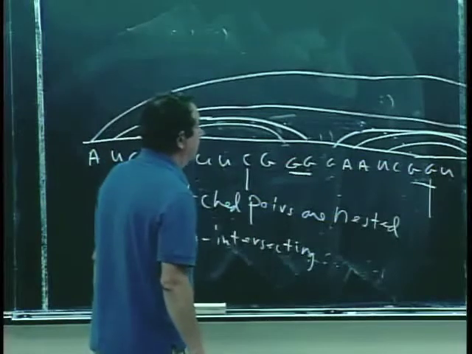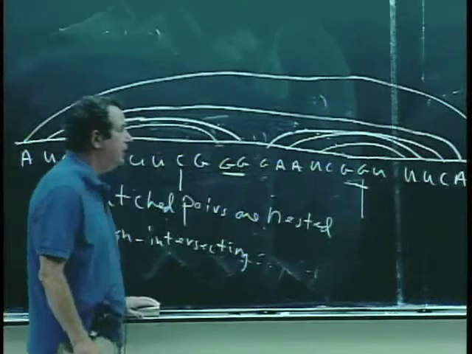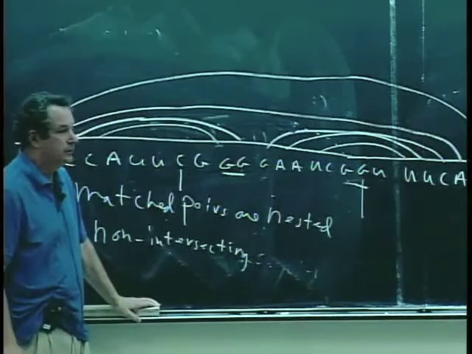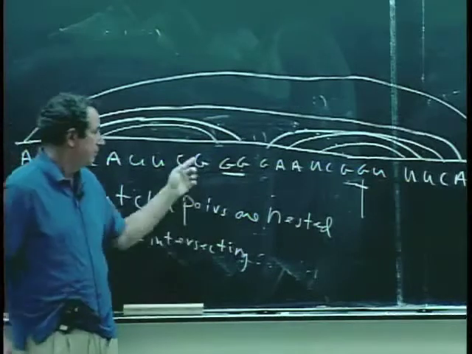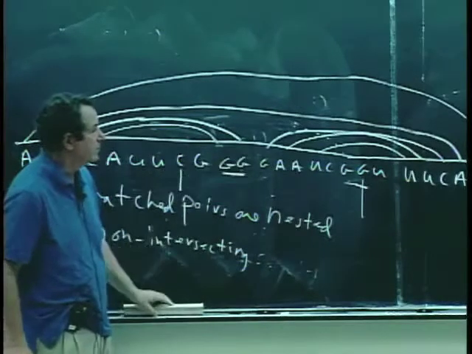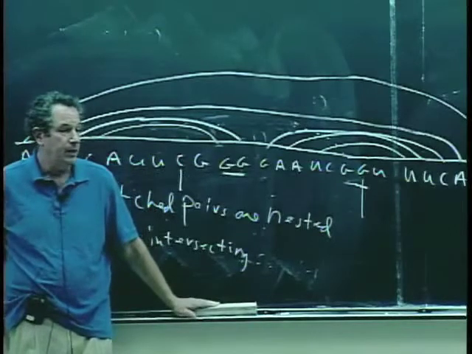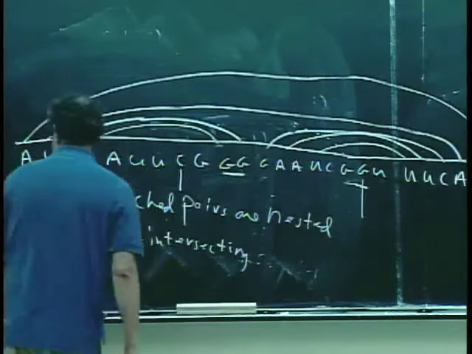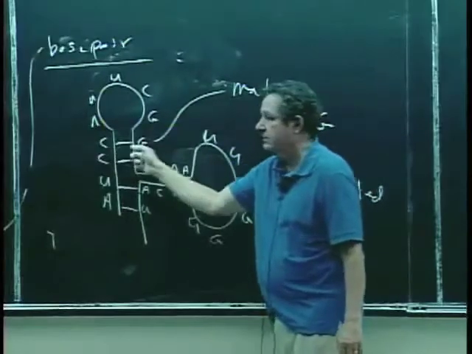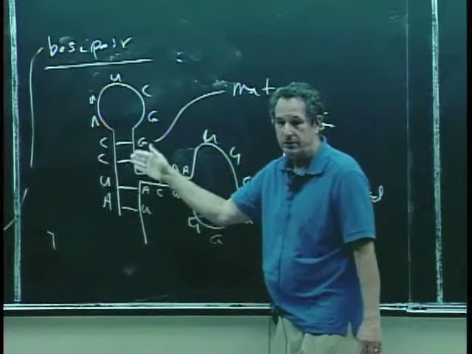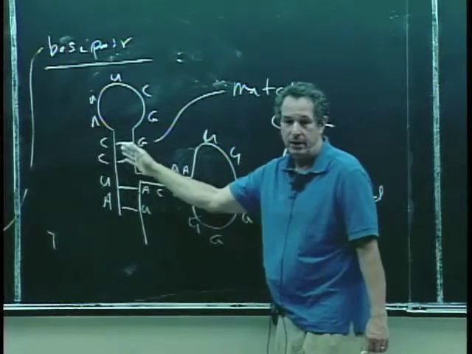Okay, and so our problem now is, given an RNA sequence, find a secondary structure that maximizes the number of matched pairs in that secondary structure. The reason for maximization is that each pair in the secondary structure represents an actual bond that's happening there.